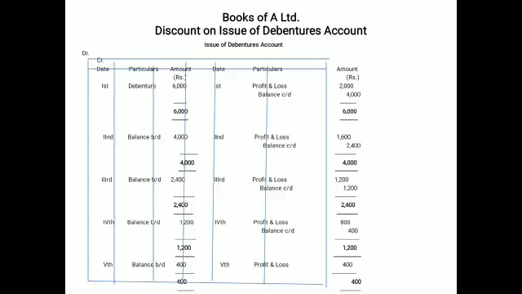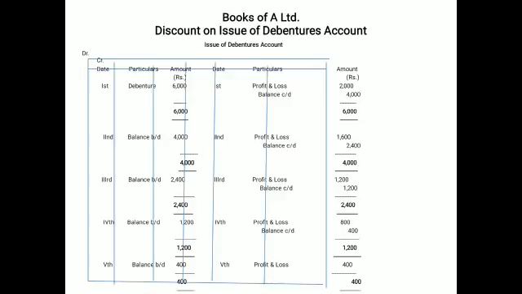So now I'm moving to the account of the fluctuating method. First the discount account is opened, and then transferred to the debenture account with 6,000. According to the entry, discount account debit to debenture 6,000. Now you may see year to year.